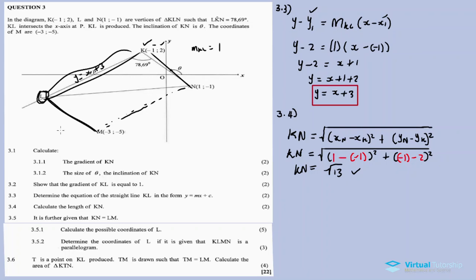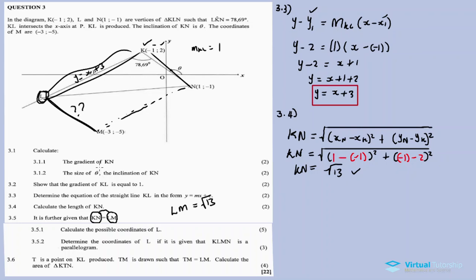If you want the coordinates of a point, you can use simultaneous equations, which is something we use in 3.5.1. But there's a problem, I don't have the equation for this line. But I'm given the information that KN equals LM, so LM is equal to the square root of 13.